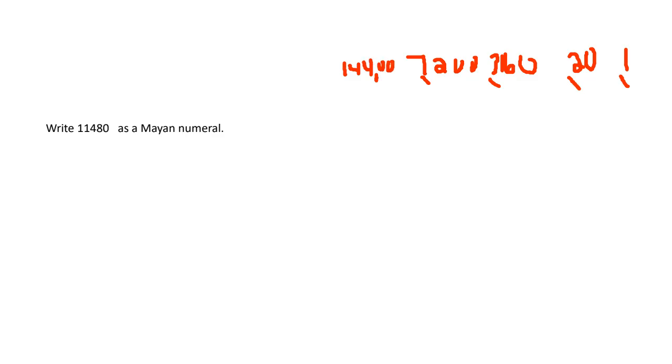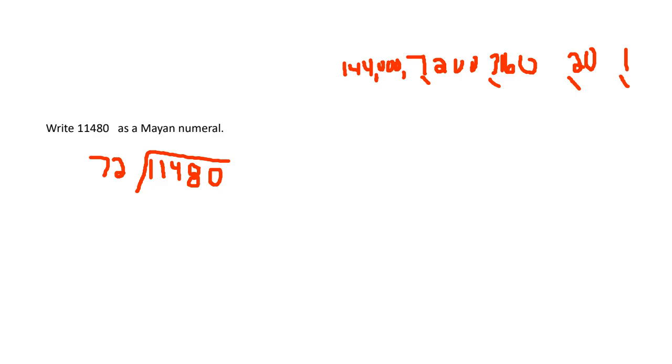So you want to take your number and see which place value we can divide by. So the first one that will divide it is 7,200. And that will go in 1 time.